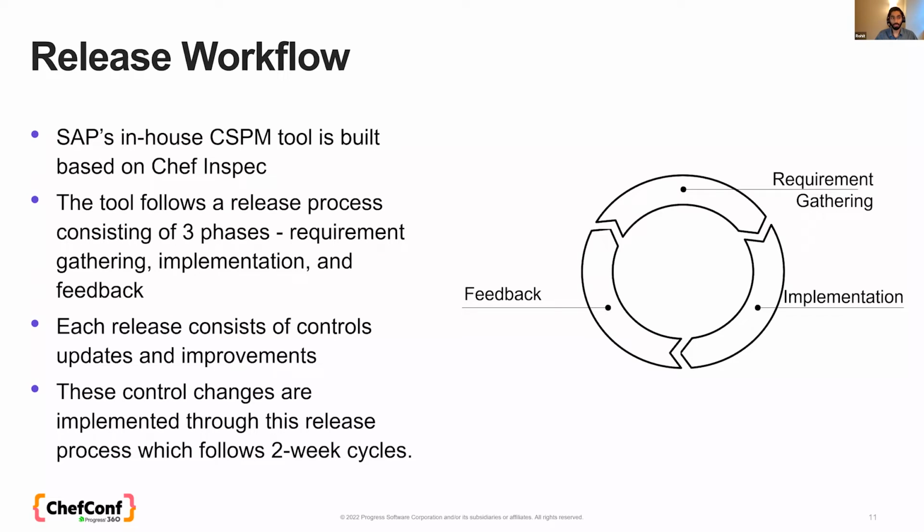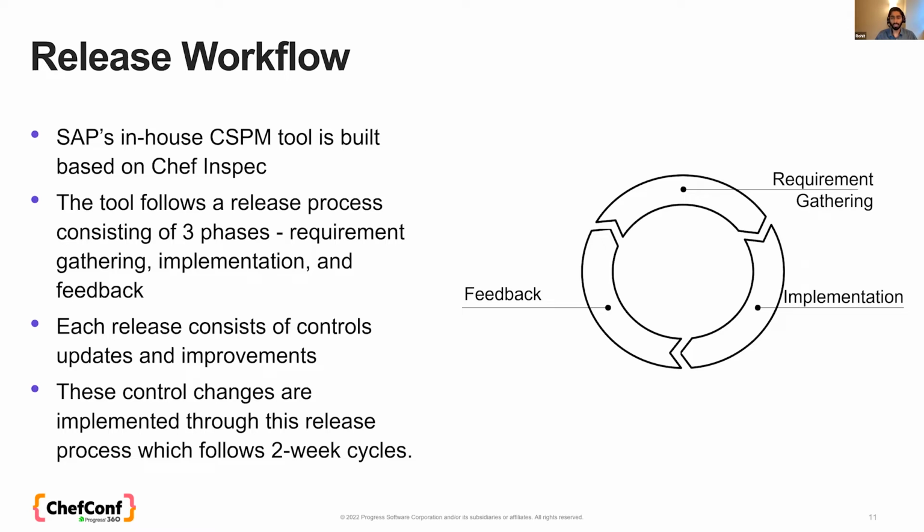So SAP's in-house CSPM tool is built based on Chef InSpec, as Justin previously mentioned. So in our release workflow, we typically follow a ring-based approach where we have three phases to it, namely the requirements gathering, implementation, and the feedback.